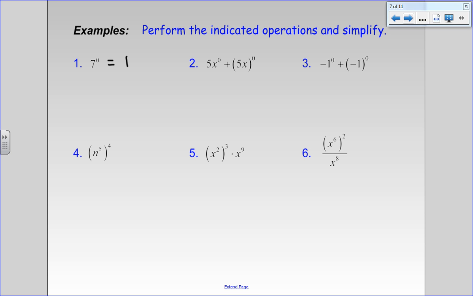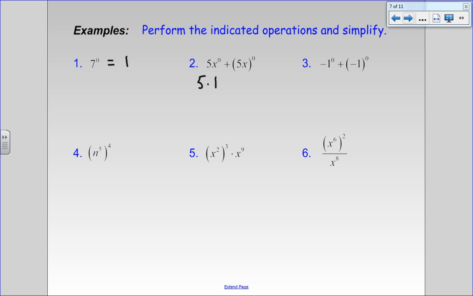In problem 2, we have 5x to the 0 power plus the quantity 5x to the 0 power. Now it's important to be careful of understanding what constitutes the base in each part of these exponential expressions, and following the order of operations, we apply the exponent first before we multiply. So in the first expression, 5x to the 0, the base is x, so we need to keep 5 times x to the 0, which is 1.